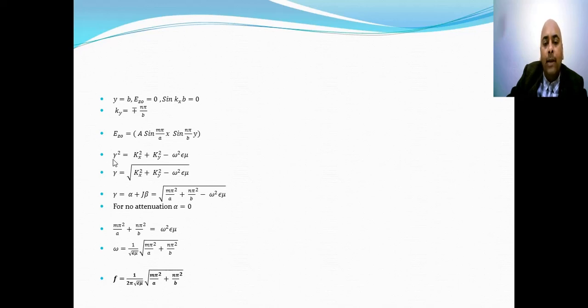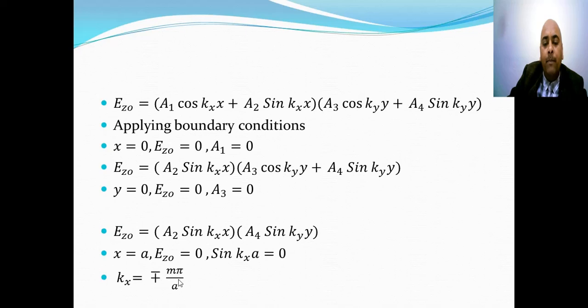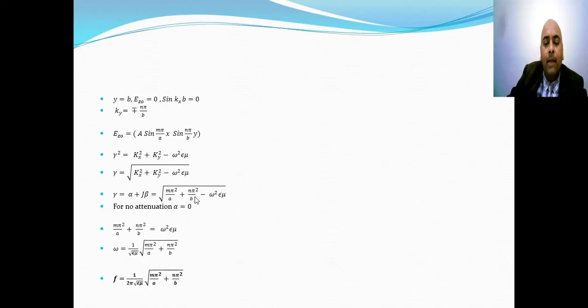So gamma square, which was kx square plus ky square minus omega square mu epsilon, can be written as, because kx we have already found to be plus minus m pi by a and ky plus minus n pi by b, minus omega square mu epsilon. So ultimately the value of gamma we have obtained is this one.